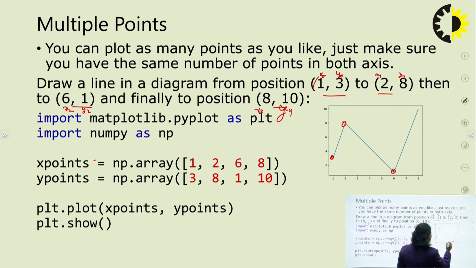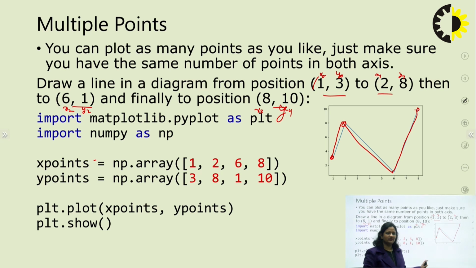Another, the point is this. After that, the last point is 8 and 10. So 8 is here and 10 is here. After that, we have to join these points. So the graph will be like this if we have multiple points in the graph. Okay, clear?